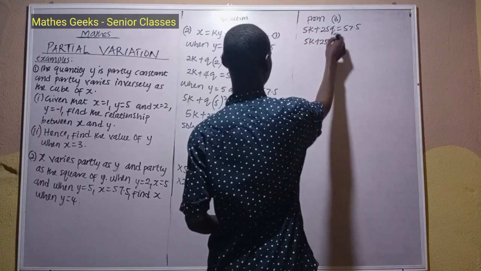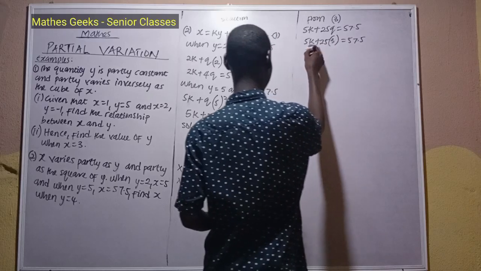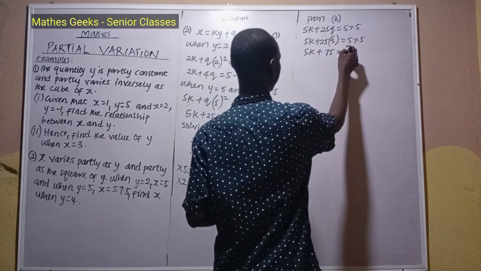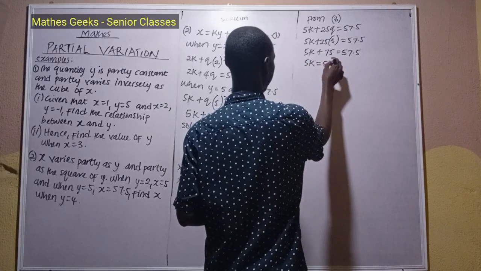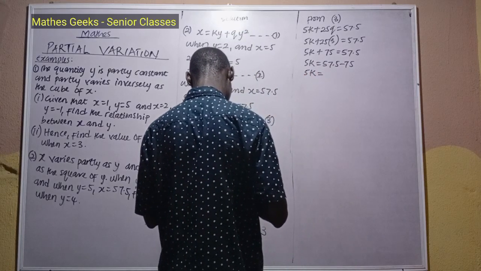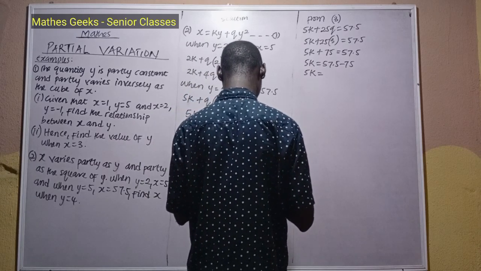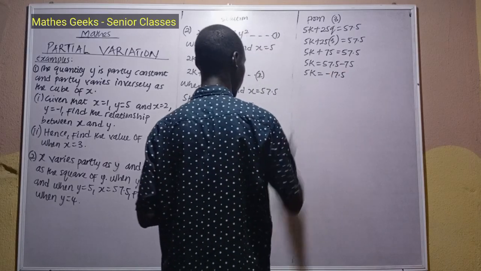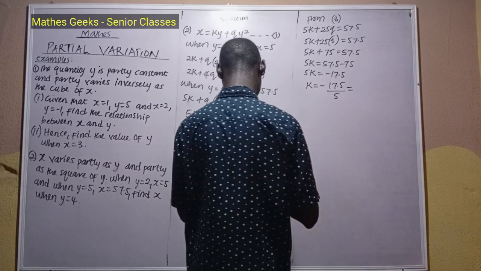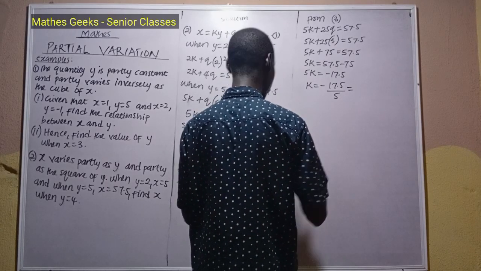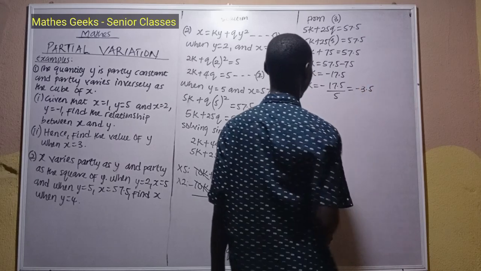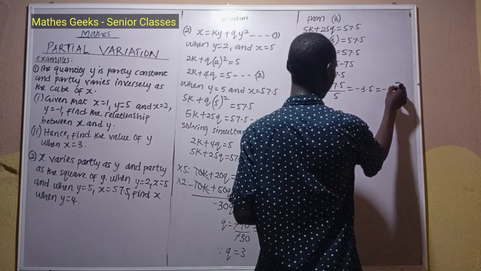So 5k plus 25 times 3 equals 57.5. 5k plus 25 times 3, 75, equals 57.5. 5k is equal to 57.5 minus 75. 5k is equal to minus 17.5, and k is equal to minus 17.5 over 5, which is minus 3.5, which is equal to minus 7 over 2.